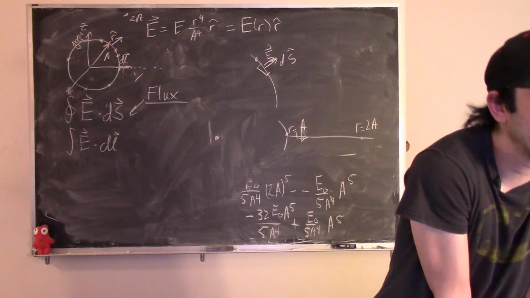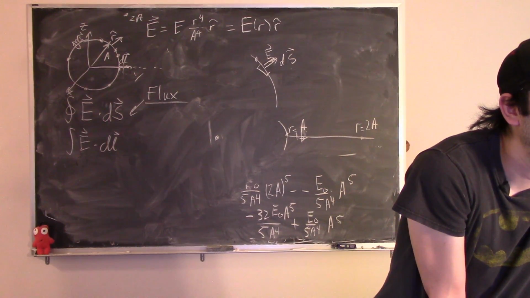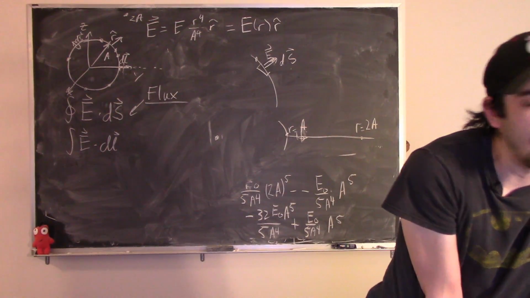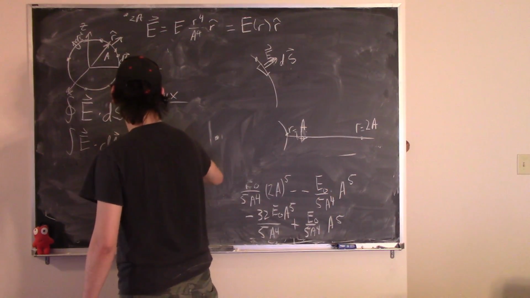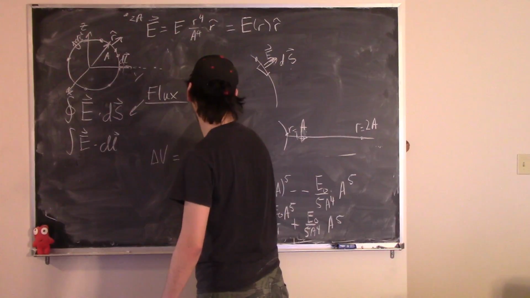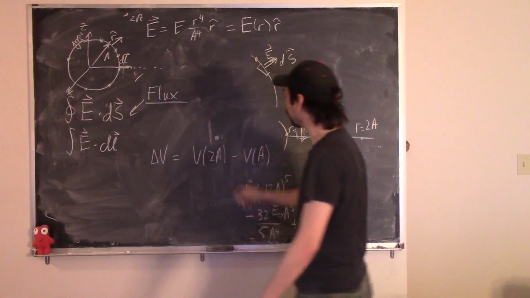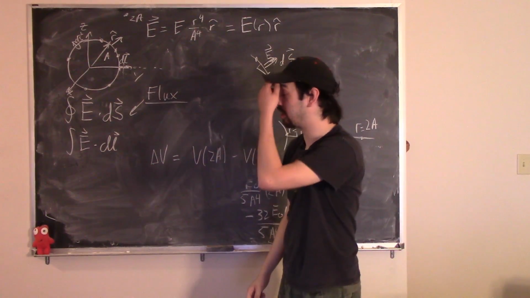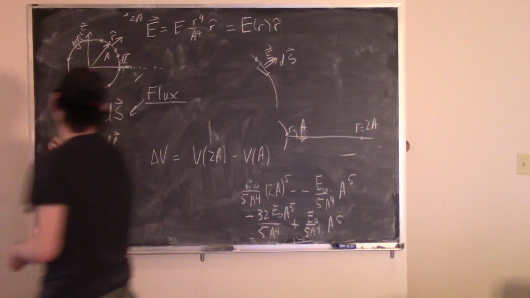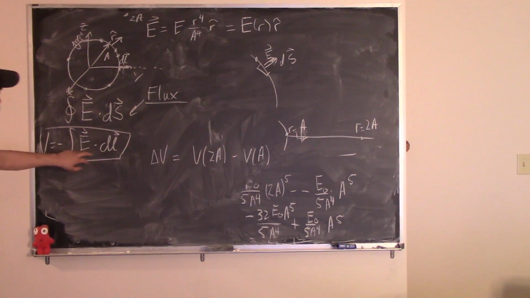So because it's now a part of the function, we leave the A in, and at the endpoints is the only thing. So when I wanted to find delta V, this was defined to be V evaluated at 2A minus V evaluated at A. The first thing I did was calculate what the electric potential function was from V equals minus the integral of E dot dl.